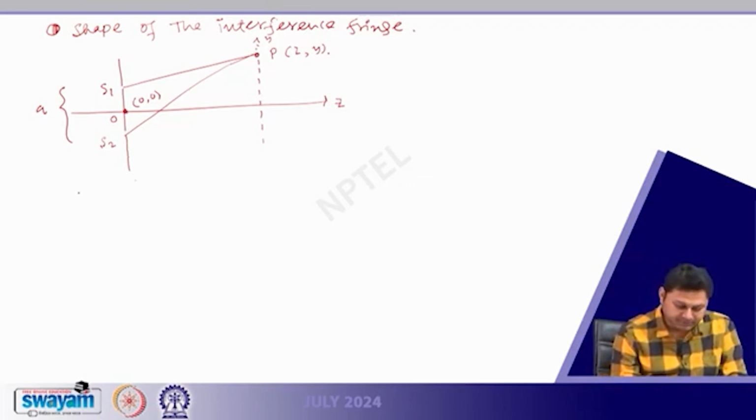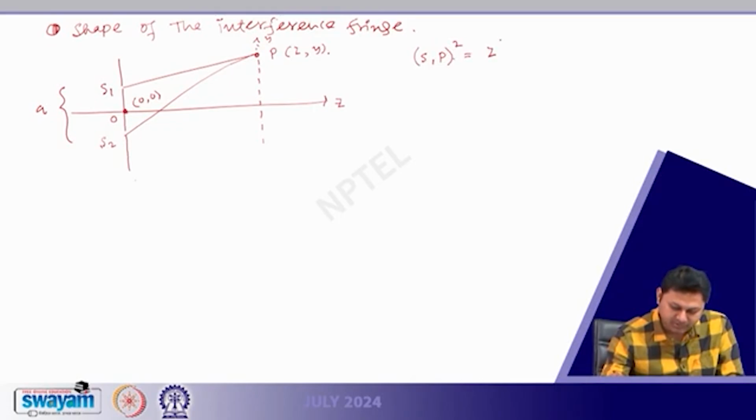Now if I calculate S1P with all the known values, S1P square is simply Z square plus (Y minus a by 2) square.